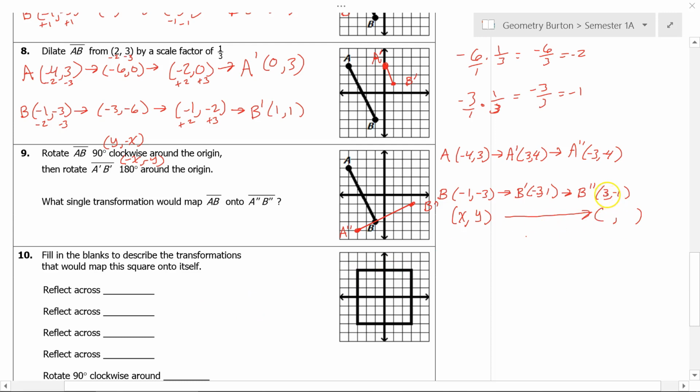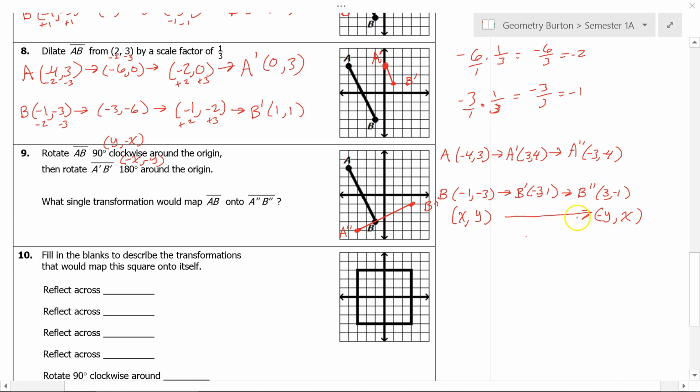This 3 is the opposite of Y, so I'm going to put the opposite of Y right here. And this -1 is X, so I'm going to put X right here. So what rule is the rule where we get opposite of Y and then X?